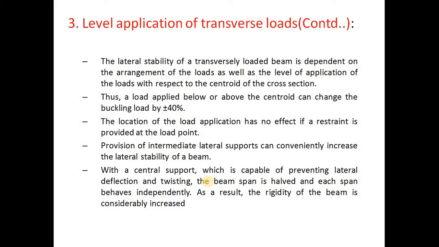The location of the load application has no effect if a restraint is provided at that load point. Provision of intermediate lateral supports can conveniently increase the lateral stability of the beam, which is obvious. With a central support which is capable of preventing lateral deflection and twisting, the beam span is halved. Okay, it will be divided into two parts, and each span behaves independently. As a result, the rigidity of the beam is considerably increased.